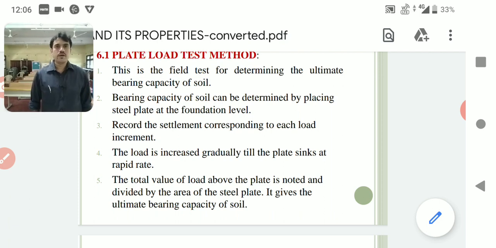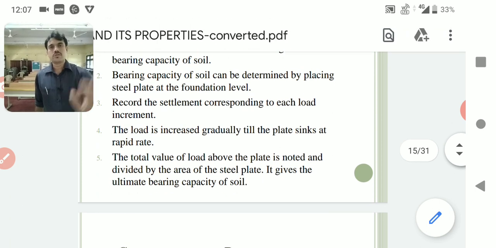We treat that obtained bearing capacity of soil as the same over an area, it may be 13 to 40 sites, might be more than that. Okay, fine. So now we have an idea how we are going to calculate the bearing capacity of the soil.